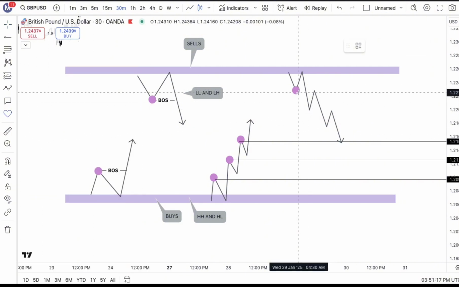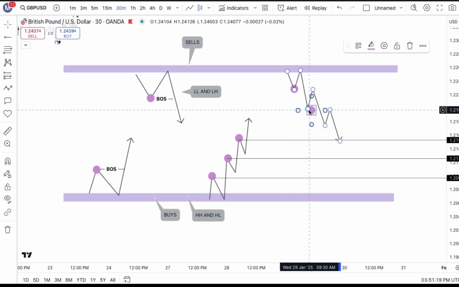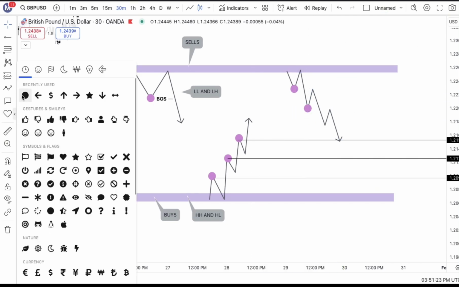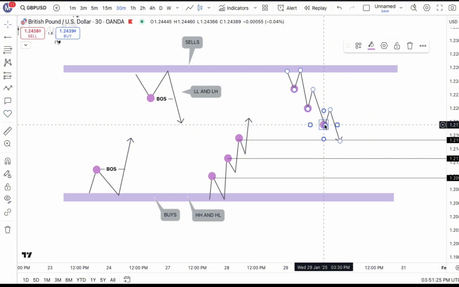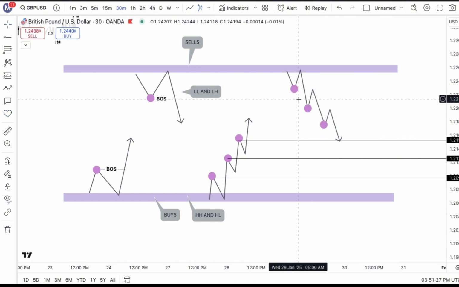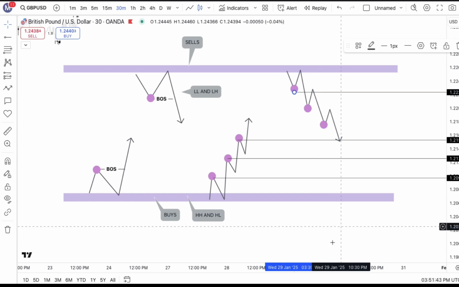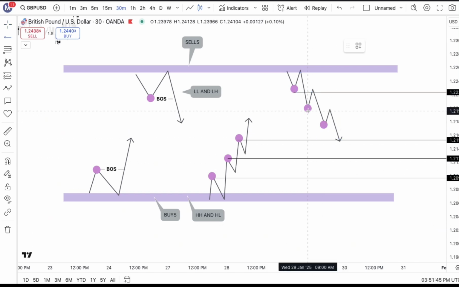So we're focusing on points like this, points like this, and also points like this. And you can see, in order for price to create more lower lows, it has to break a previous low, right? That being said, you can see price broke this low here, boom, created a lower low, retraced to create a lower high, okay? And it's continuing this pattern.